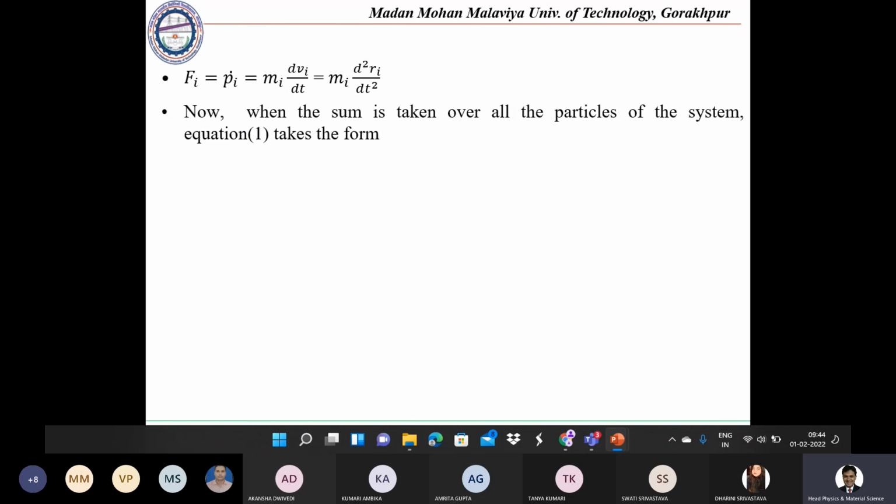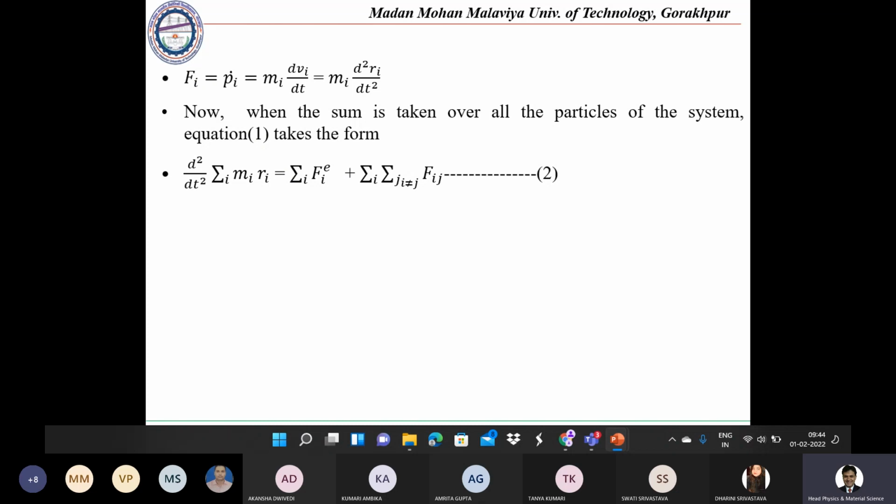Now, when the sum is taken over all the particles of the system, equation number 1 takes the form, that is d2 upon dt2 summation over i mi ri, that is equal to summation i Fi external plus the summation i, and this summation j, i is not equal to j, Fij.